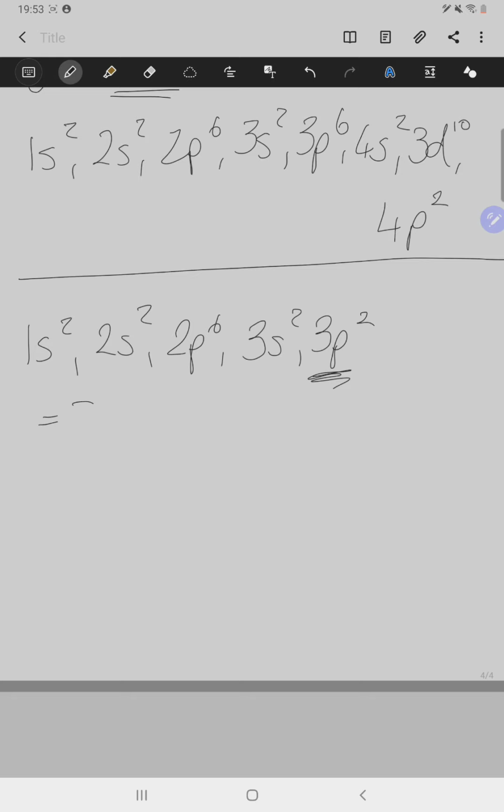So that means it has to be silicon. Another way you can do it is if you add up all the small numbers here, that will give you a total of 14 electrons. So if you look for element 14, again, that will give you silicon. Both ways are perfectly acceptable to find the element based on its electronic configuration, if that's what they're asking you to do in your question.